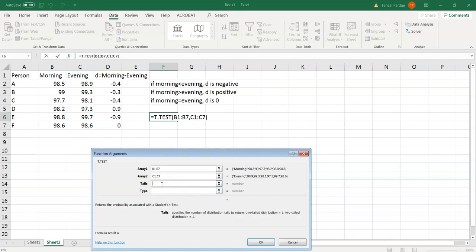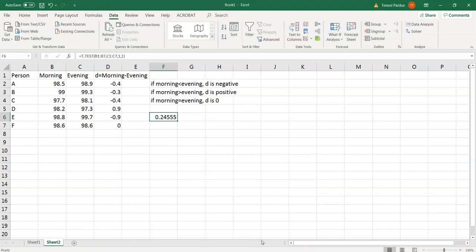Tails, this one is one-tailed because it's less than or greater than. And then the type, you can see here where it says paired equals 1. So we're going to use type 1 here. We click OK, and that's our p-value.